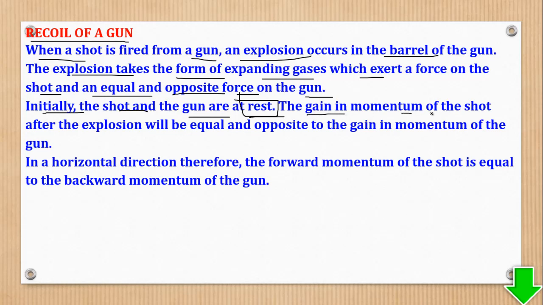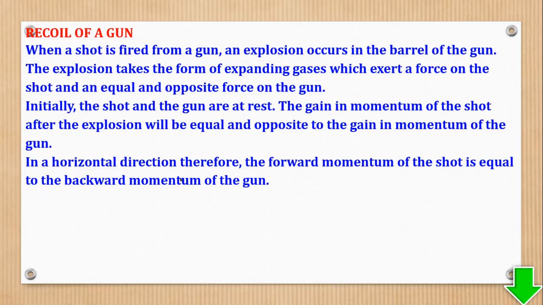The gain in momentum of the shot after the explosion will be equal and opposite to the gain in momentum of the gun. So in a horizontal direction, the forward momentum of the shot is equal to the backward momentum of the gun. So let's first illustrate that. That is before explosion.